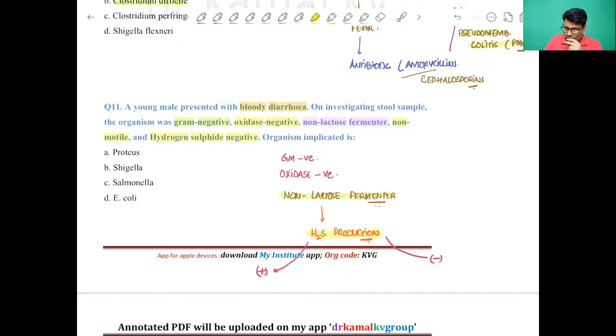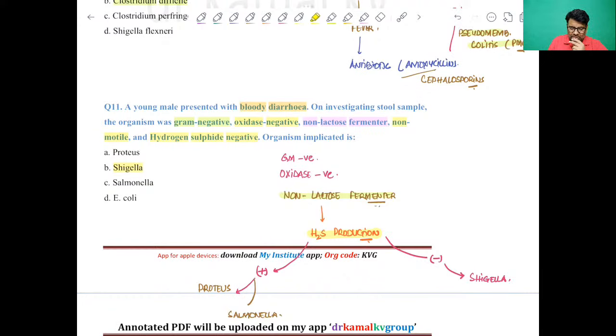If there is no hydrogen sulfide production, you can go with Shigella, as in this case. Suppose the scenario was non-lactose fermenter but with hydrogen sulfide production, then you can think of two answers. Either Proteus or Salmonella. Clear? This is how you should approach non-lactose fermenters causing bloody diarrhea.